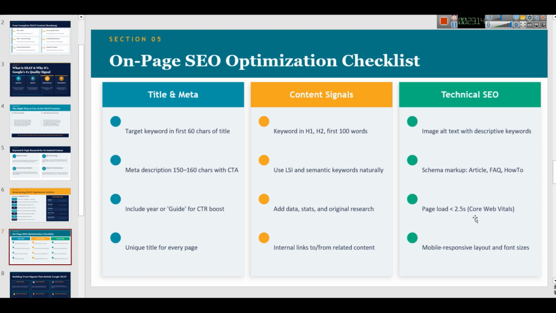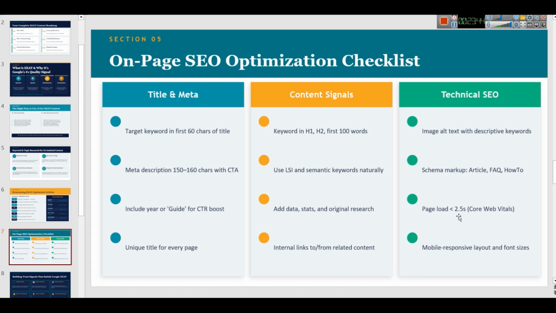Important, your page load should be less than 2.5 seconds. It should not take more than this. If it is taking more, you need to identify which script, which image. Images should be lightweight, less than 100 KB, using compressed image formats. CSS should be compressed, HTML should be compressed. There are caching plugins like LiteSpeed Cache or W3 Total Cache.